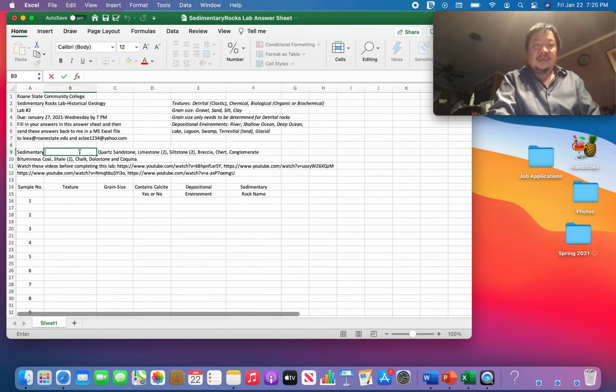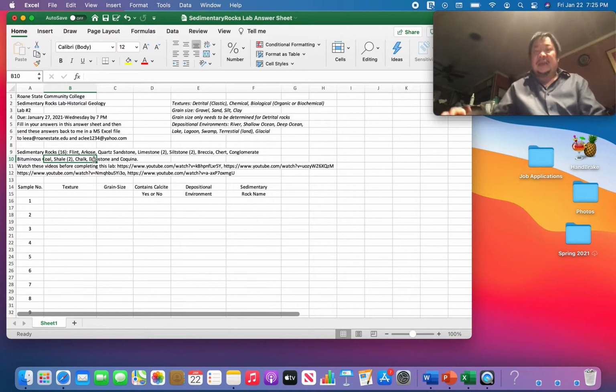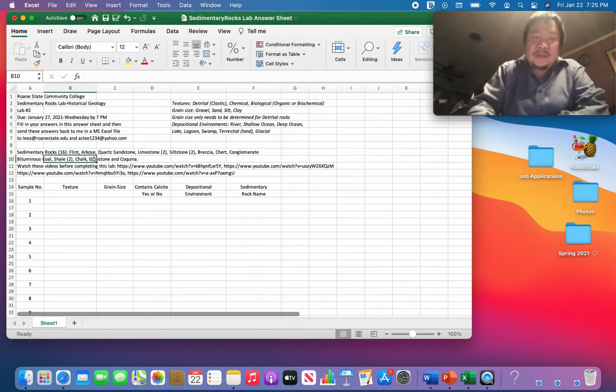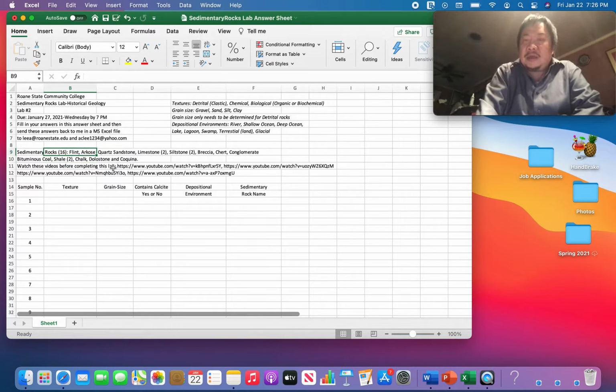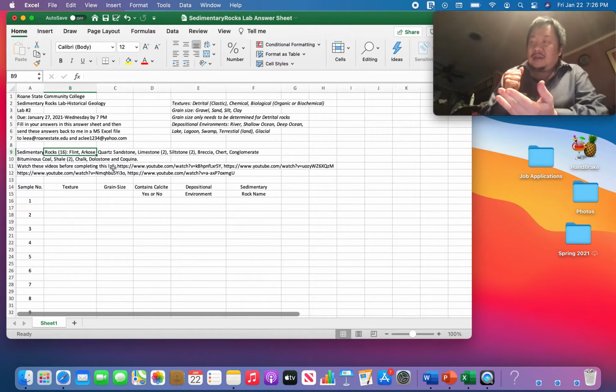Flint, the sedimentary rock Flint, F-L-I-N-T. The hint I have for you on that one is it is a dark colored rock, and the Indians used to use it to make arrowheads, so it's very sharp.